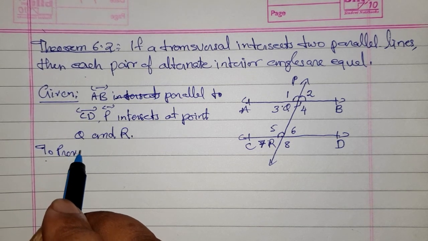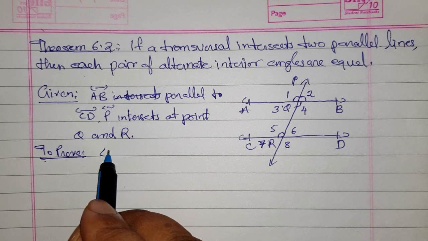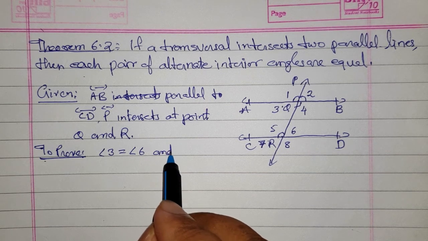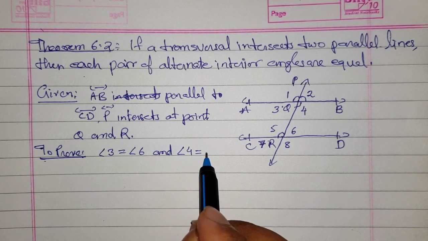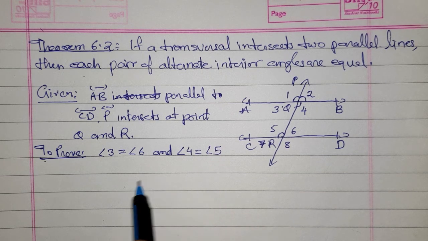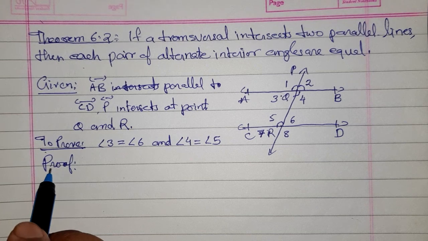So here we have to prove that alternate interior angles are equal, that is angle 3 is equal to angle 6 and angle 4 is equal to angle 5. So let us prove it.